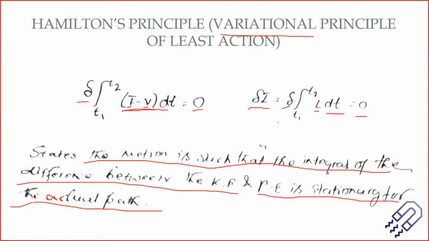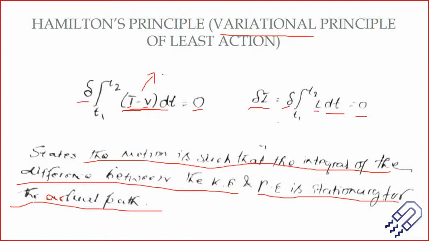As I said, I think I should correct myself here. It is not always mandatory that the kinetic energy and the potential energy difference will be zero. That might not happen all the time, although it does happen. If you consider a pendulum system, at a certain point of motion you will see that the kinetic energy and the potential energy are the same.